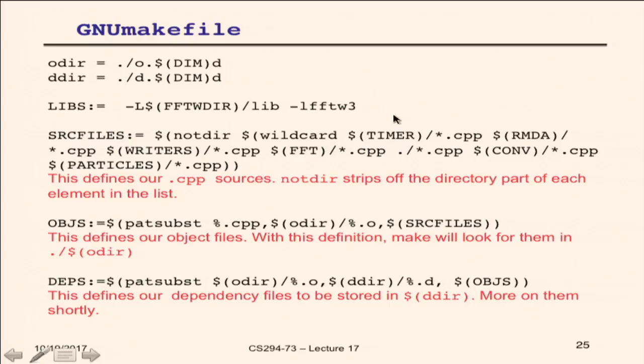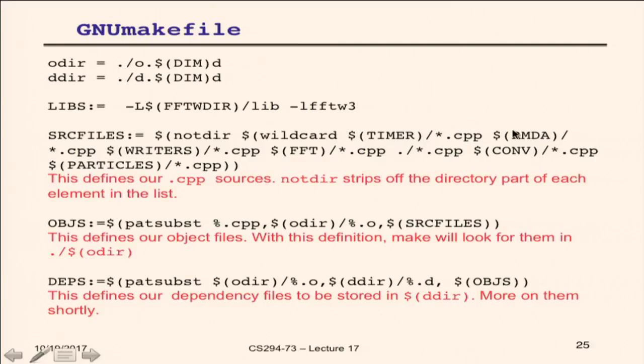Now, here's something I'm doing that's different from what you've seen before. I'm making source files a list of all of my CPP files without any directory qualifiers. So let's unpack this definition here. So $wildcard of all of these things gathers up all the files of the form of these directories /star.cpp.